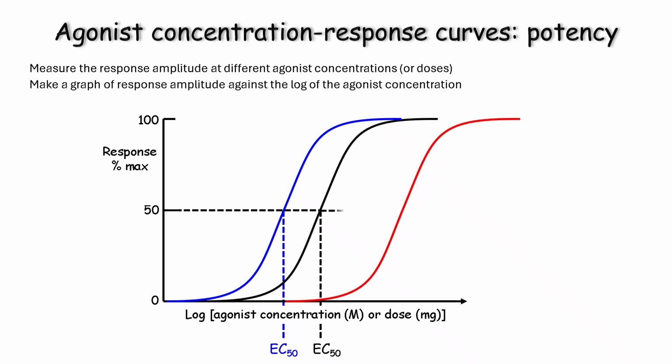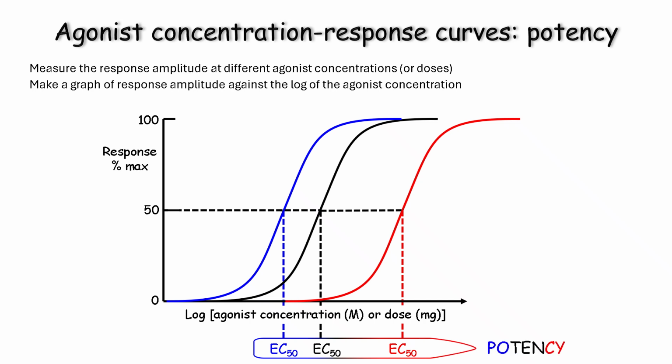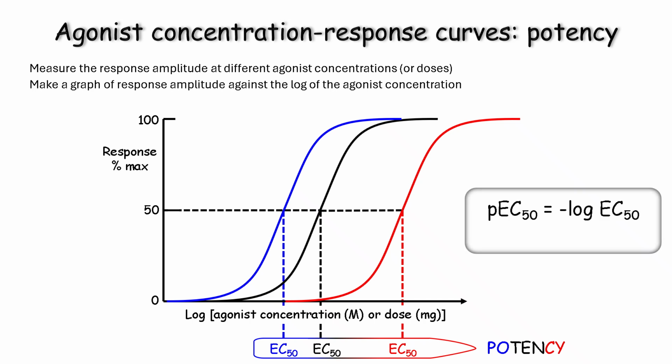They have higher EC50 values. So, EC50 values are an indicator of the potency of an agonist drug. Reports of potency often give the PEC50, which is the negative logarithm of the EC50. A higher PEC50 indicates a higher potency.